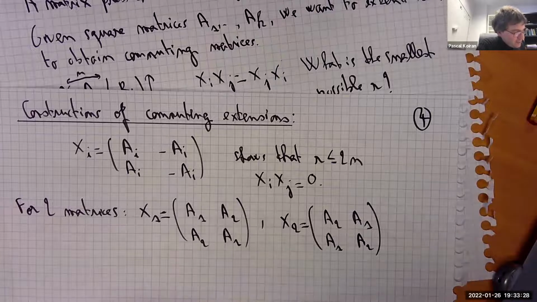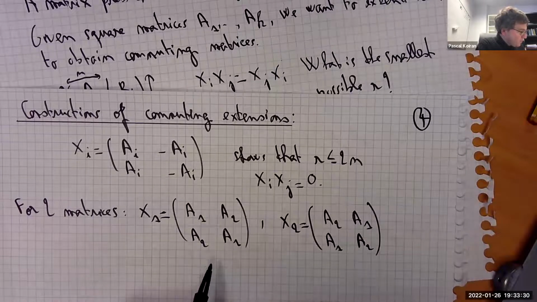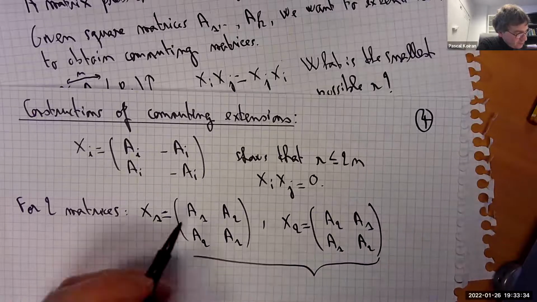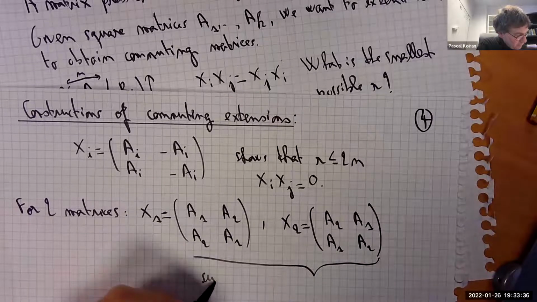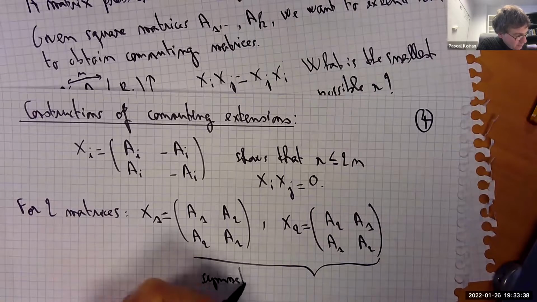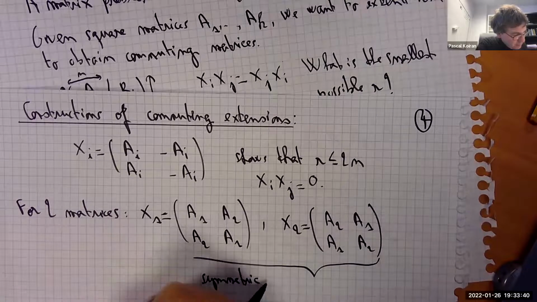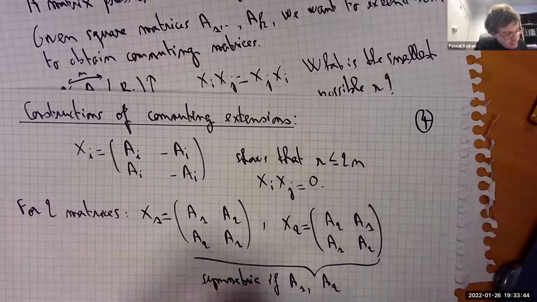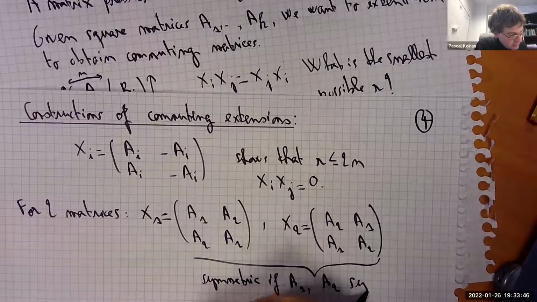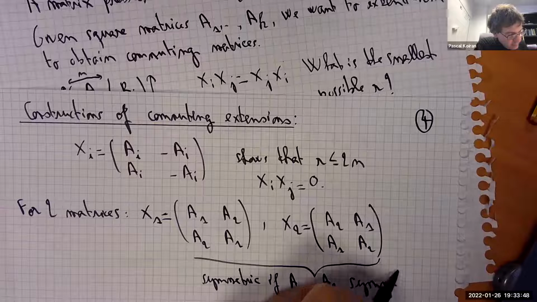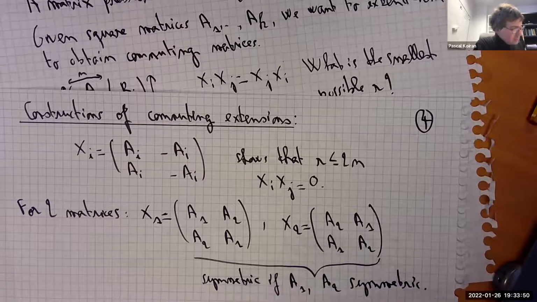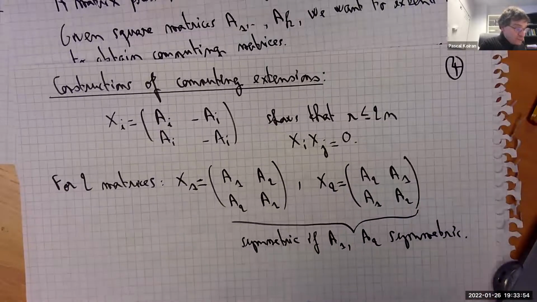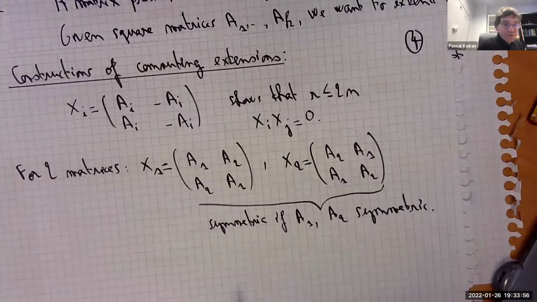And notice that these matrices are going to be symmetric if a1 and a2 are symmetric. So we do have a construction for symmetric matrices, but it's only for 2 matrices.